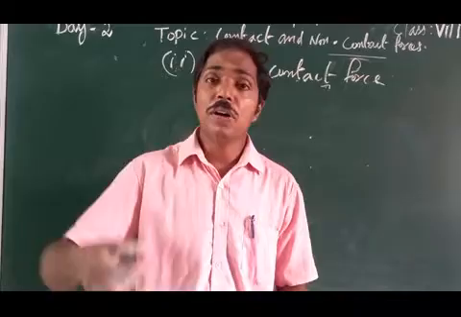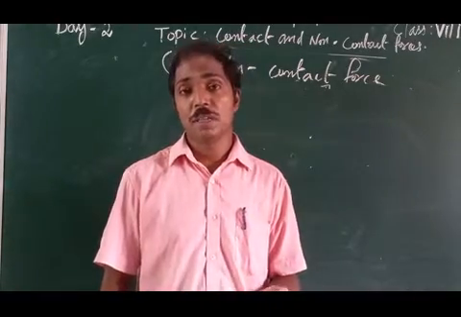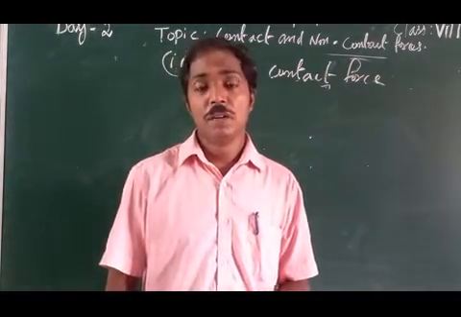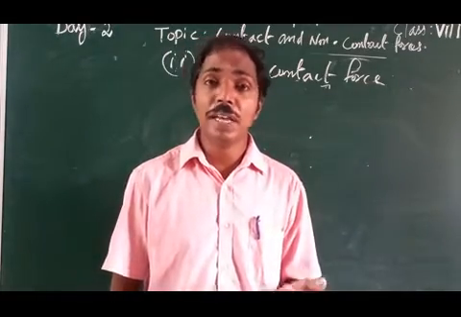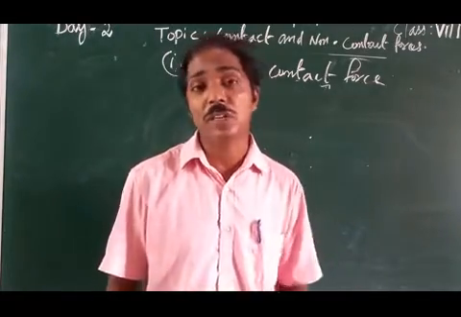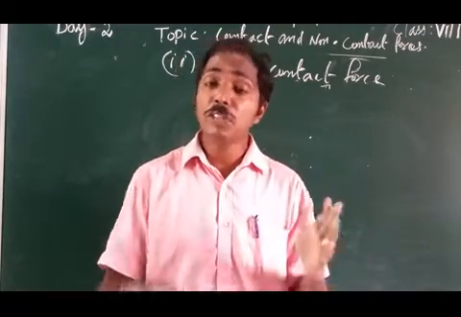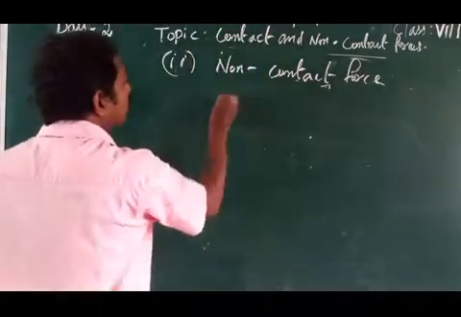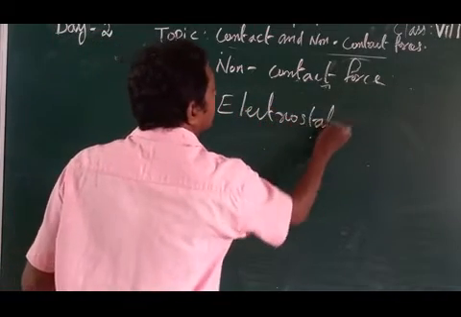The paper bits will be attracted by the plastic scale because there is a force acting. When we rub, the plastic scale acquires charge. That charge is known as electrostatic charge, an electric charge at rest. About that we will study later. The force operating is known as electrostatic force.